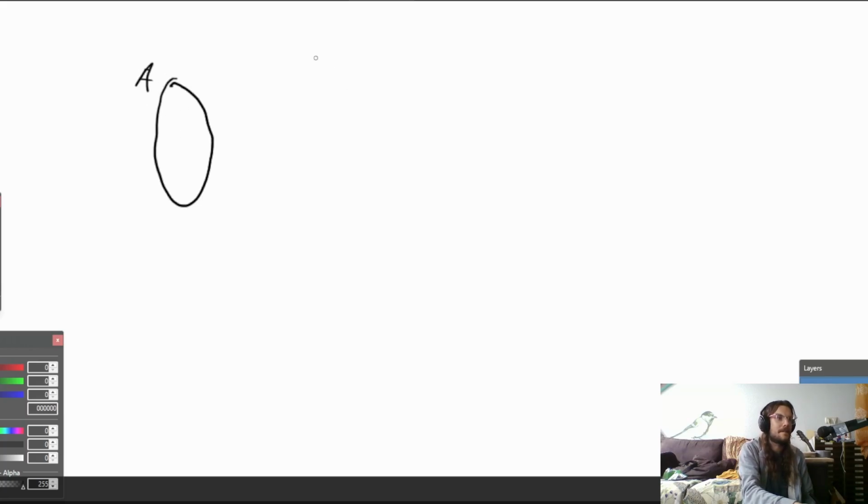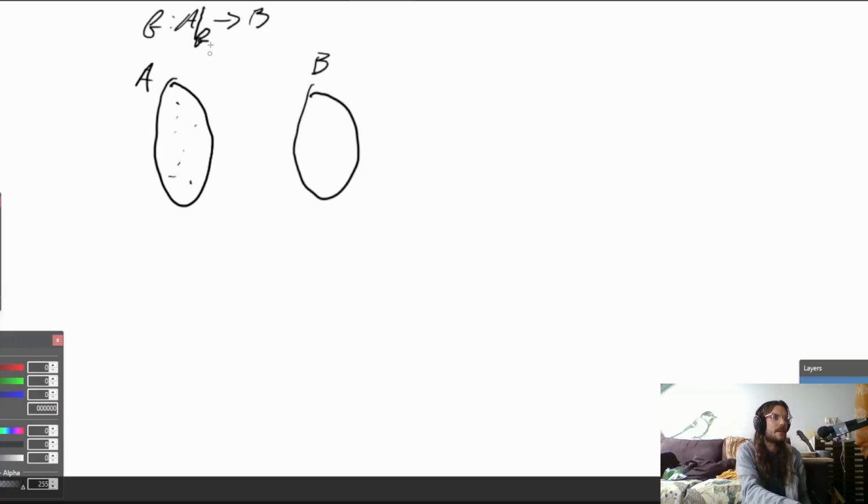This is set A, this is set B. Set A has all kinds of elements in it, and our function f goes from A to B. Actually, it doesn't go from A, but it goes from what we call the domain of f in A to B. So some elements of A maybe do not have an output in our function, and we are not allowed to write those down here, even though we are allowed to write down the entire set, even if not every element gets hit by our function.